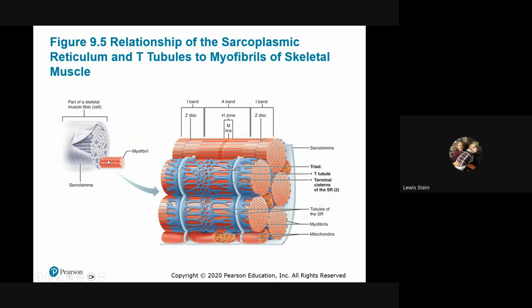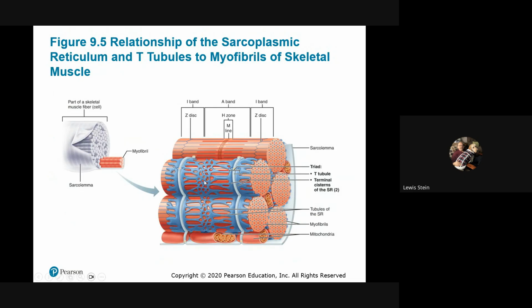So here's that myofibril. Here's the cell. This is just one of the many myofibrils. And what you have here are all of those filaments that you saw previously with that same A band, I band, Z disc arrangement.